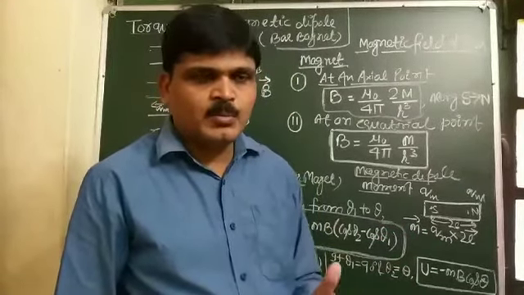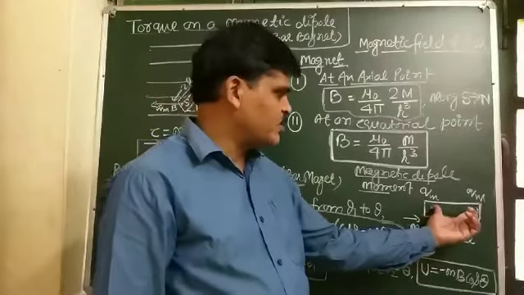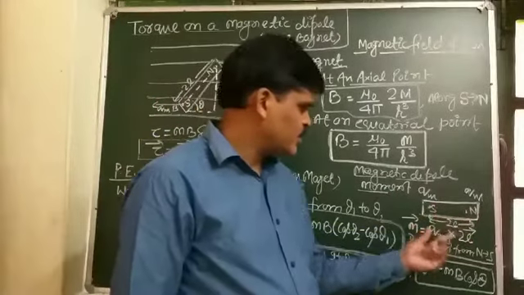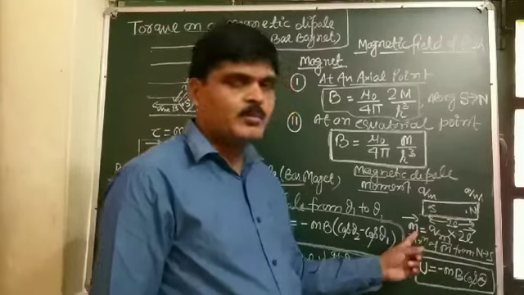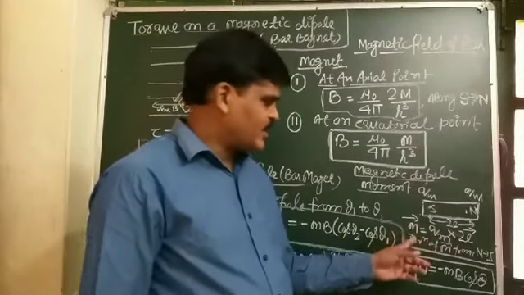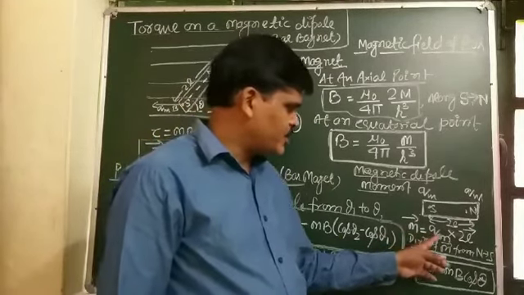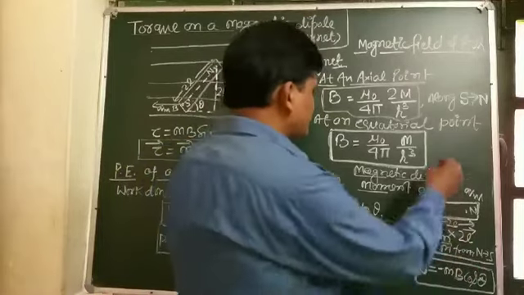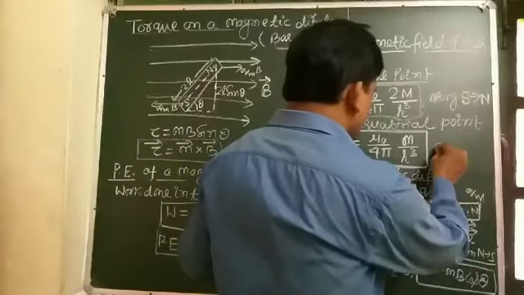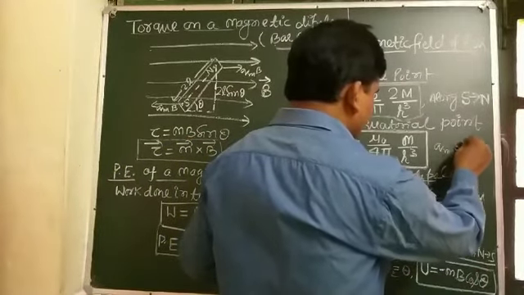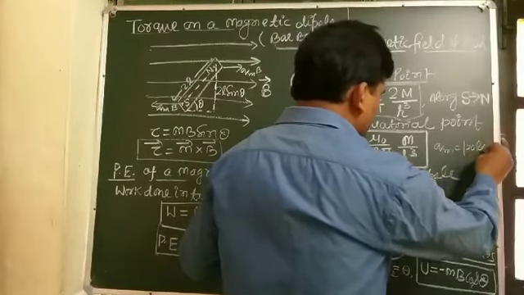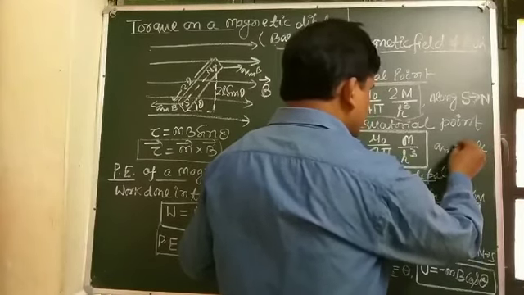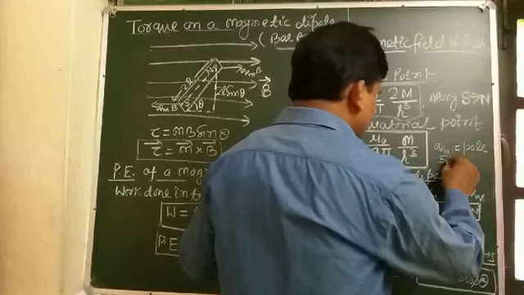One formula for the magnetic dipole moment, which is a vector quantity, is M equal to Qm into 2l, where Qm is the pole strength of either pole, both having equal pole strength.